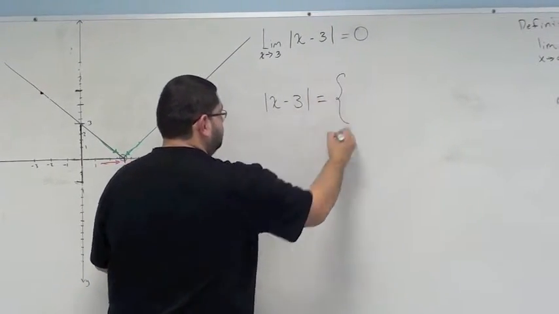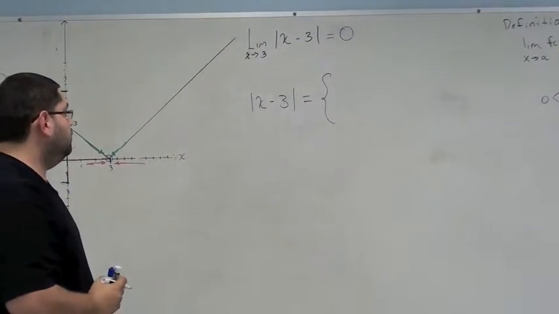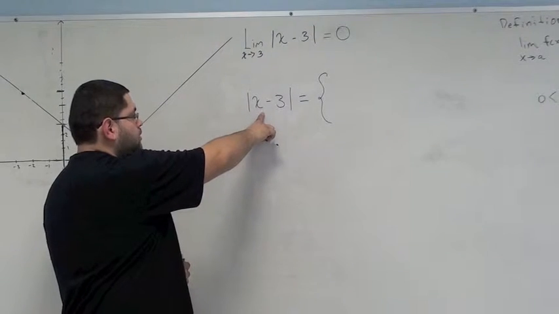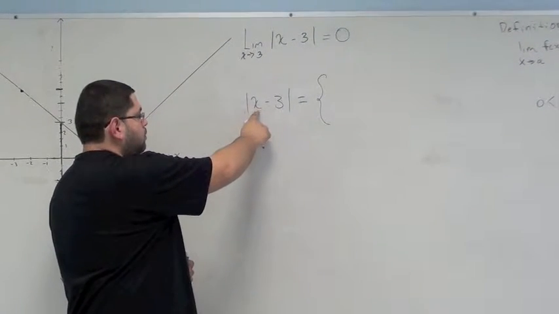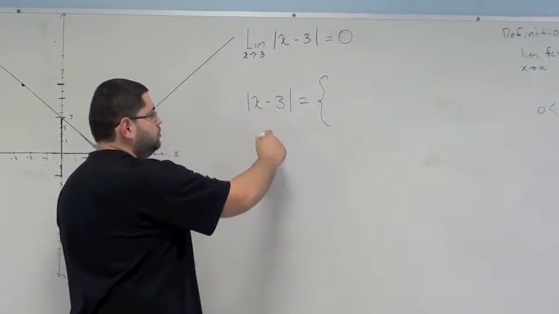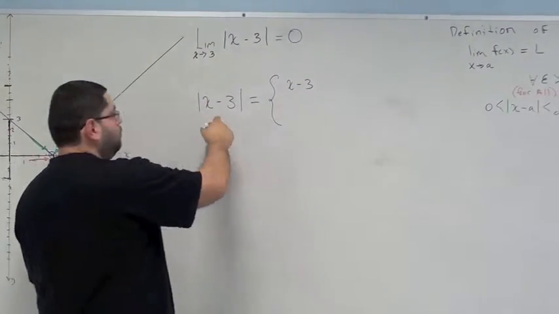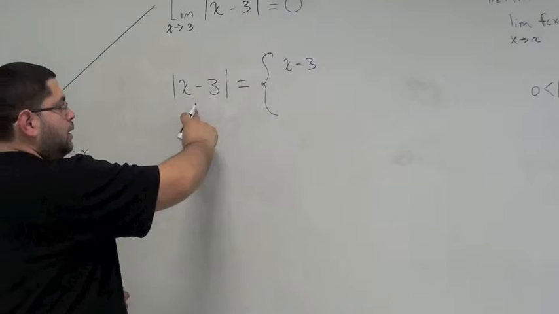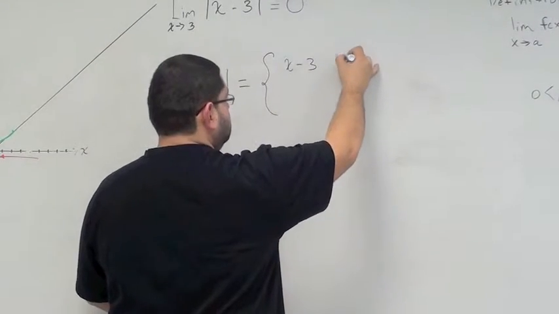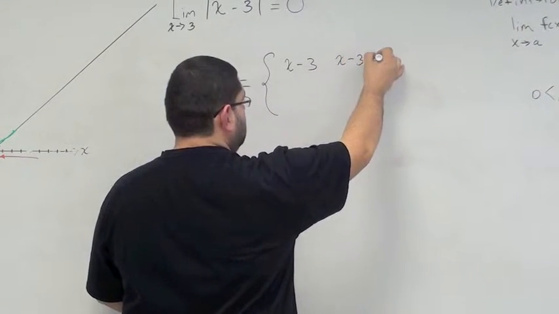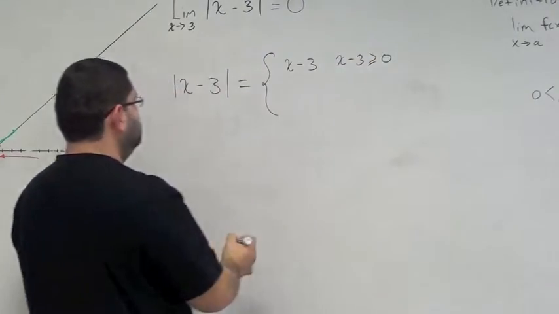as a piecewise function. So right here we are saying that the absolute value of x minus 3 is going to be x minus 3 as long as what is inside of the absolute value is greater than or equal to 0.